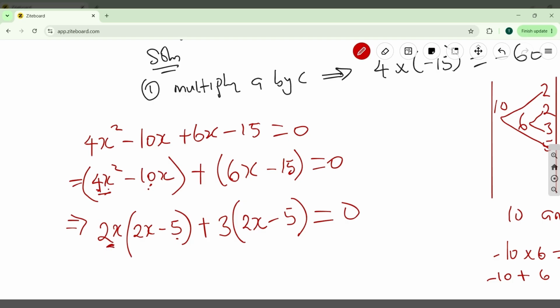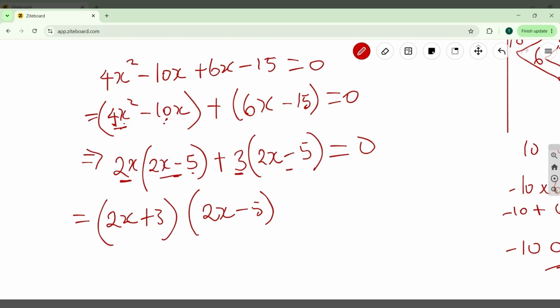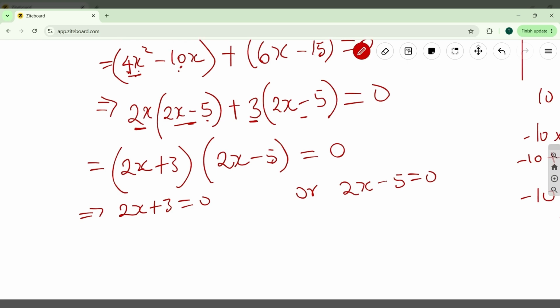So having said that, we can now proceed by saying 2x plus 3 and then 2x minus 5, taking what's outside together and then taking what's inside together, all equal to 0. This simply means that 2x plus 3 equal to 0 or 2x minus 5 is equal to 0.